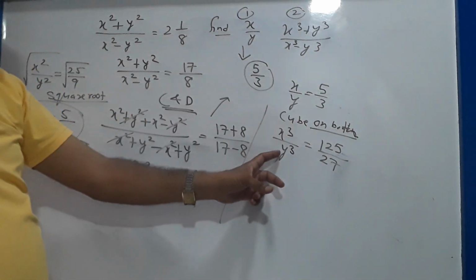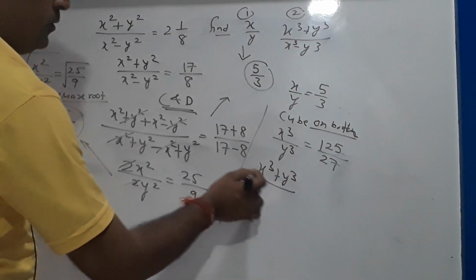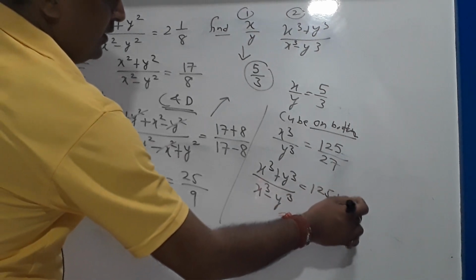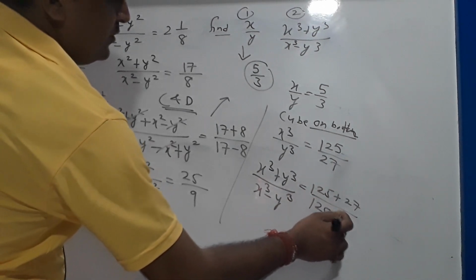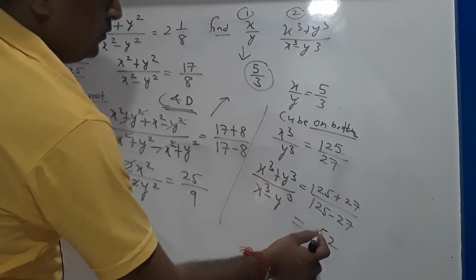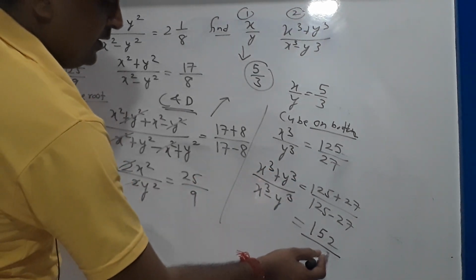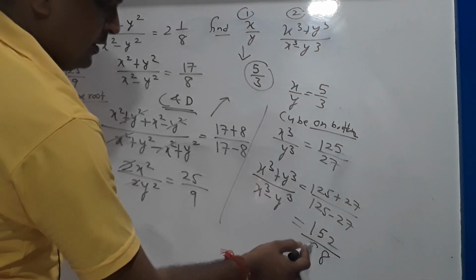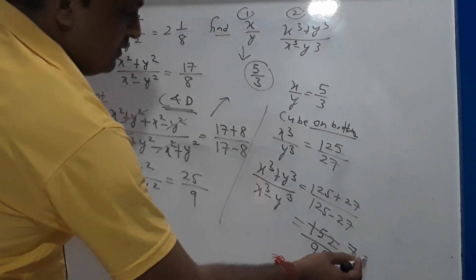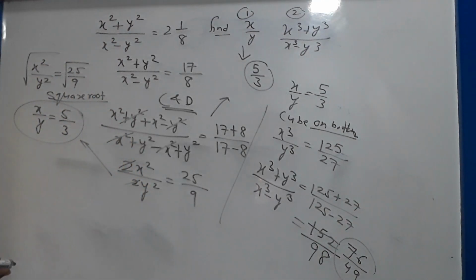So apply the componendo dividendo rule. So x cube plus y cube upon x cube minus y cube is 125 plus 27 upon 125 minus 27. 125 plus 27 is 152. 125 minus 27 is 98. 152 upon 98, you can cancel by 2: 76 upon 49.